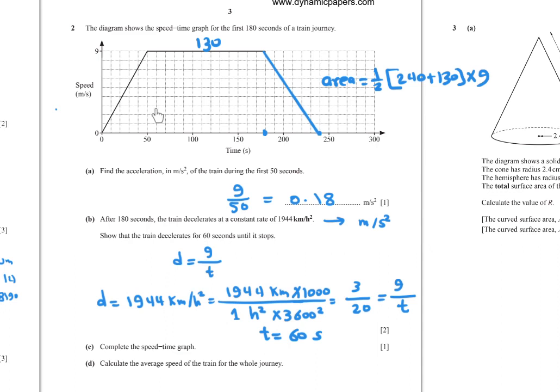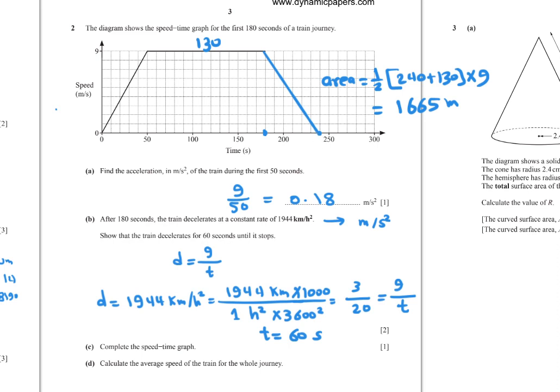So area of trapezoid equals the distance. Half times base 1 plus base 2 times the height equals 1665 meters. And the total time is 240 seconds.